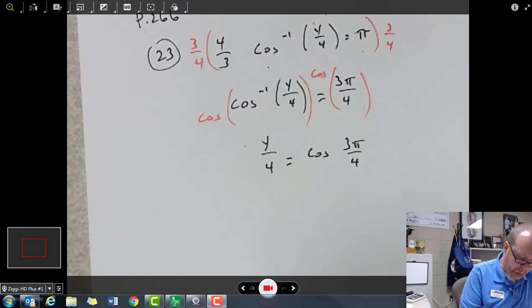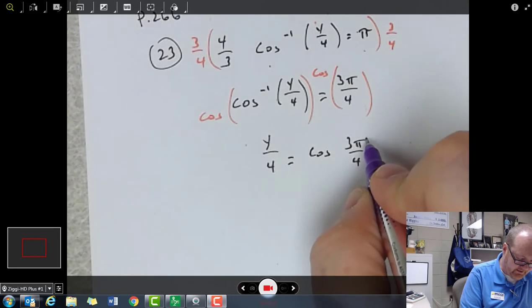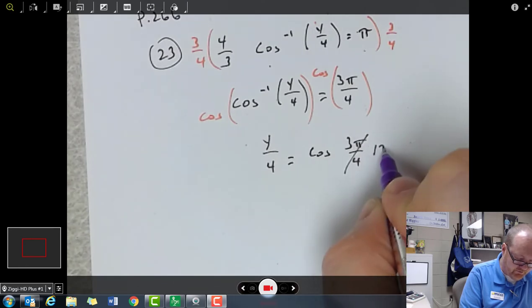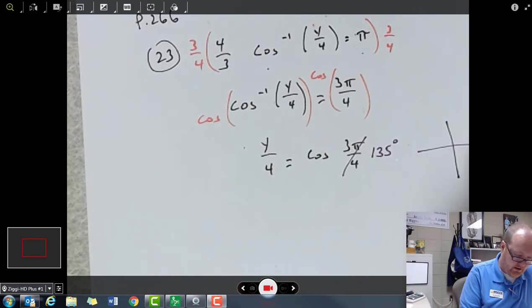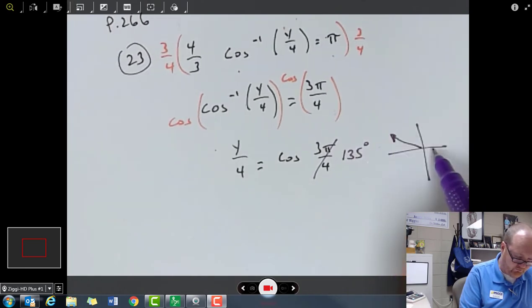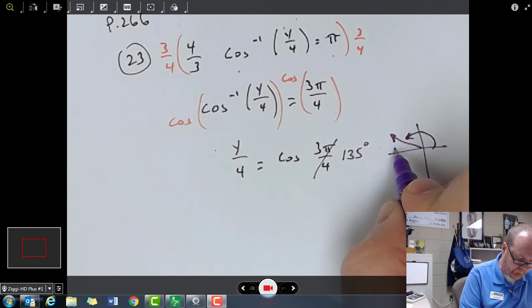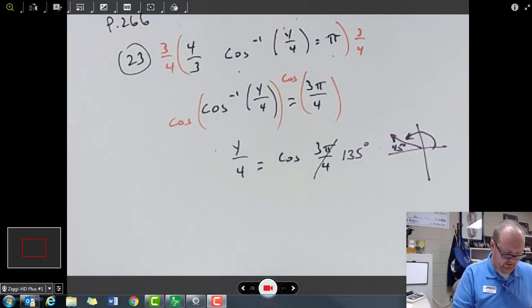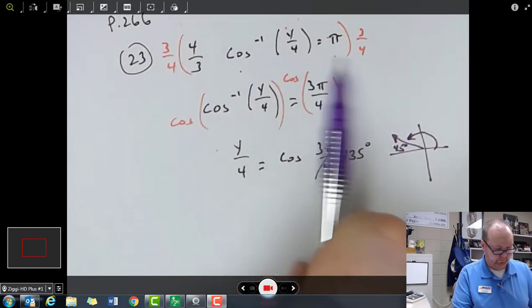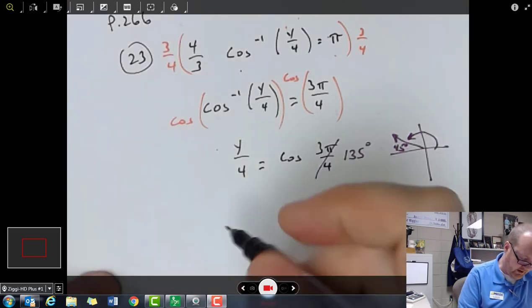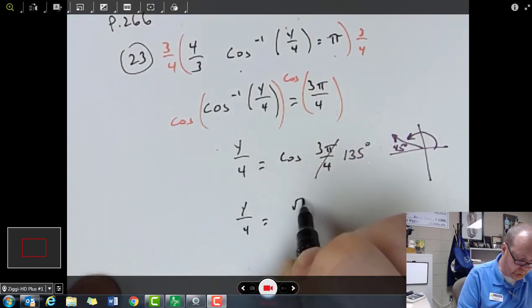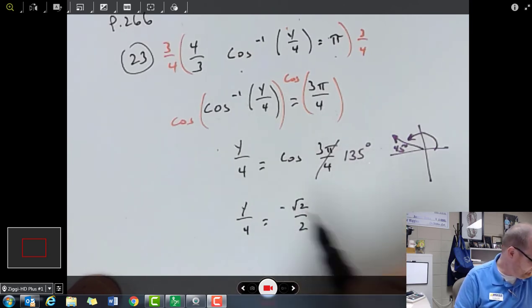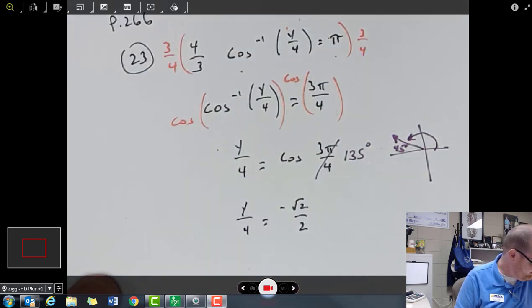So 3 pi over 4 is exactly 135 degrees. 135 is quadrant 2. It has a reference angle of 45. And so the cosine of 45 is square root of 2 over 2. But in quadrant 2, it's negative.